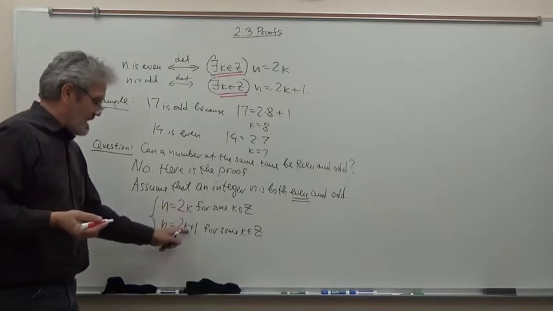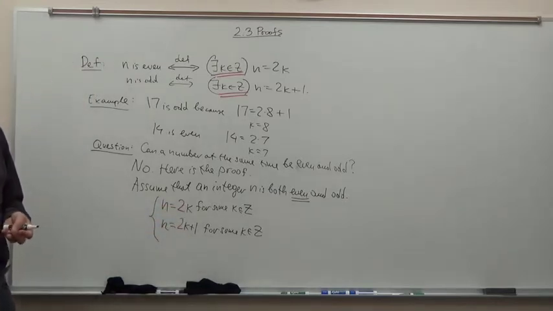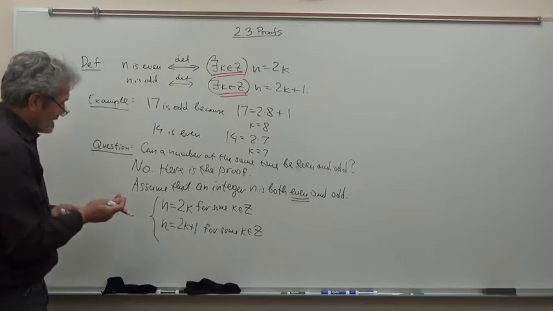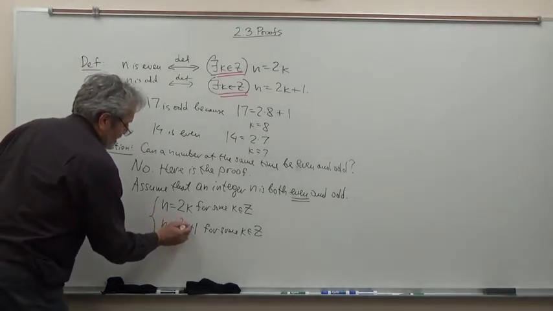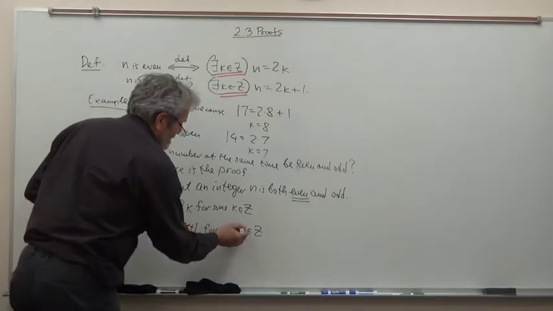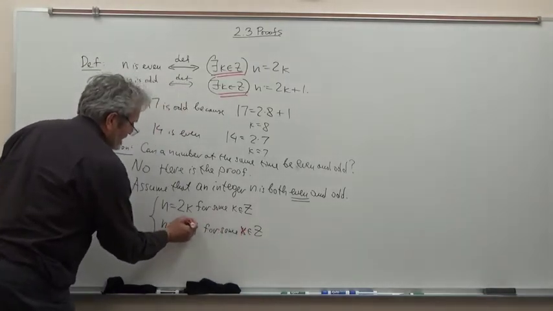Once you call it k, you're claiming it's the same witness, and nobody said that, so you cannot assume something that's not there. To avoid that invalid assumption, I will not call it k, I will give it a different name, I'll call it l.